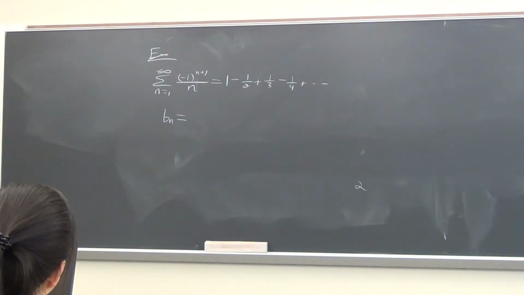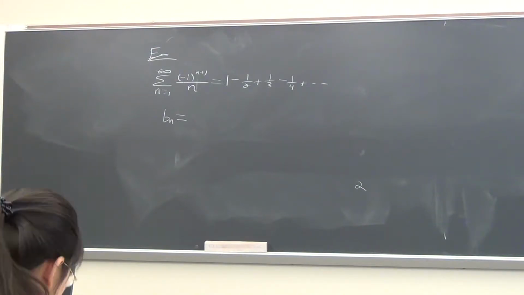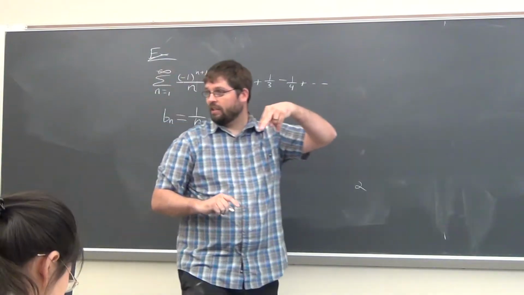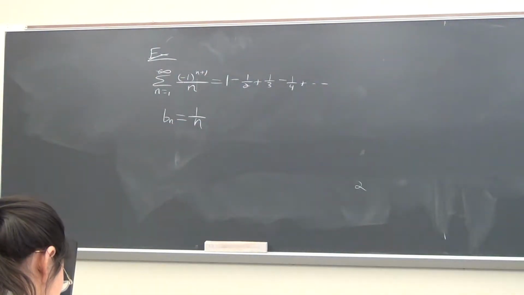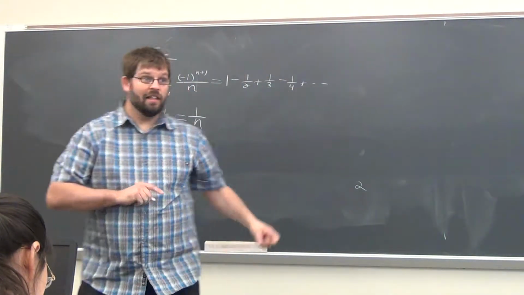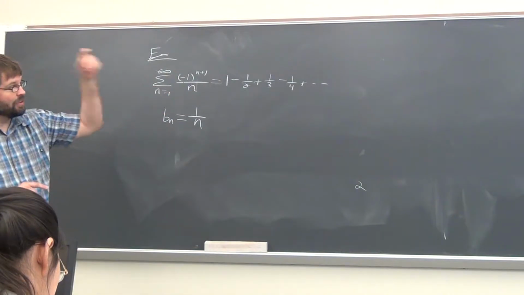It's negative 1 to the n plus 1, and then 1 over n. It's just the 1 over n, right? It's the positive part of it, and then the negative 1 just makes it alternate. And that's why I said this could be either n or n plus 1, it doesn't matter. You want that positive thing.